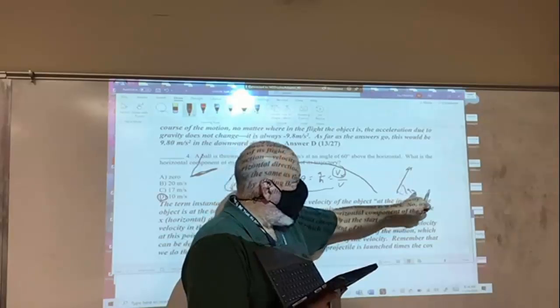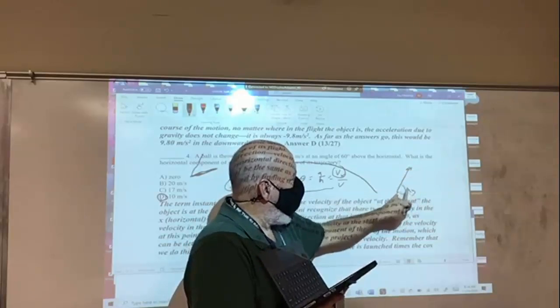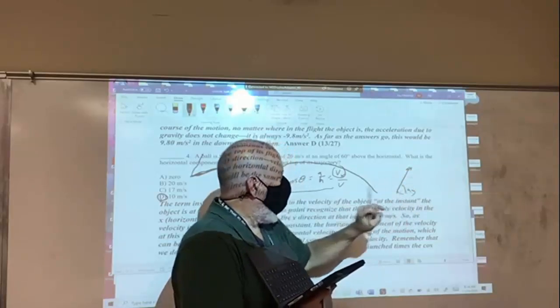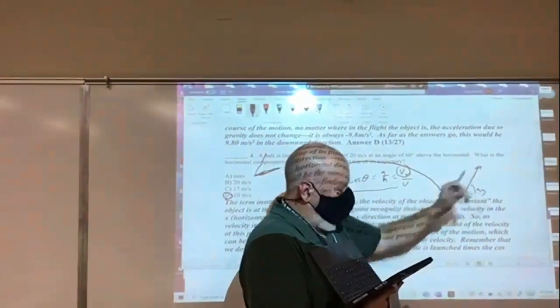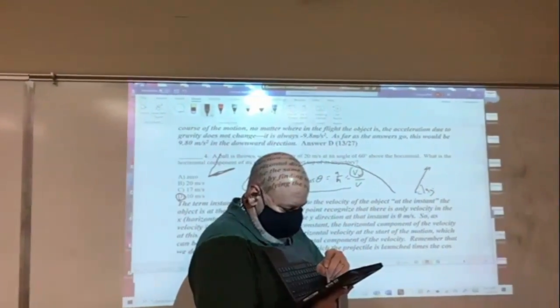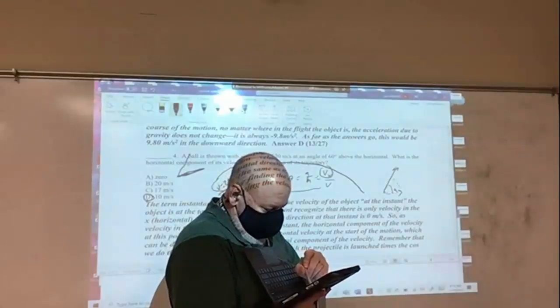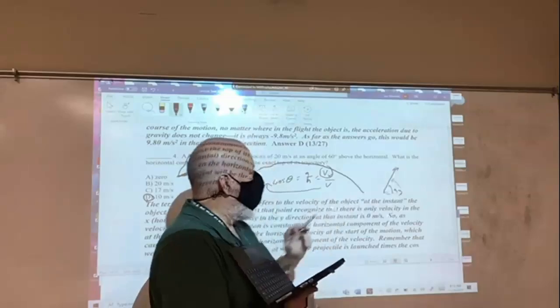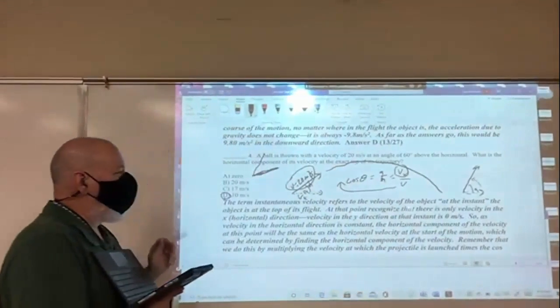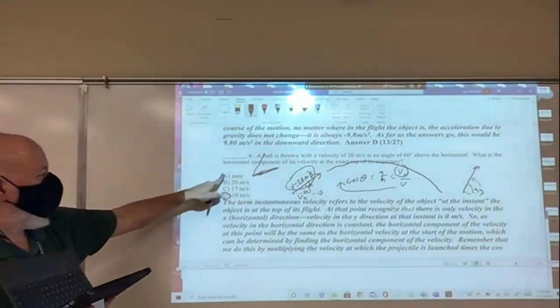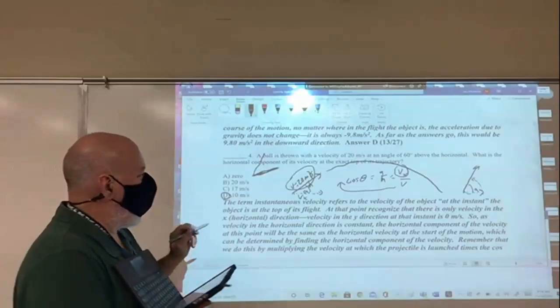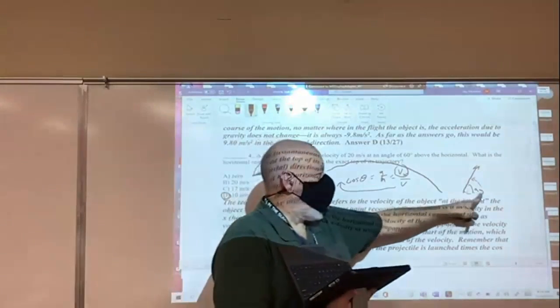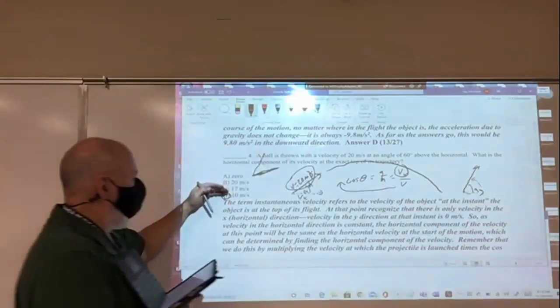The ratio of the adjacent side to the hypotenuse, okay? And this looks like it might be about 1/2 of the length of the hypotenuse, right? I can even sort of swing it up there, and it looks like it might be about 1/2 the length of the hypotenuse. You don't even really need to do any math here to figure out what that velocity was, at least according to these answers.